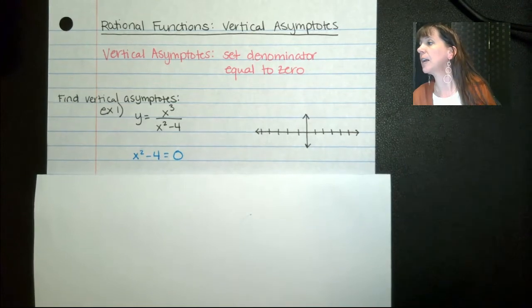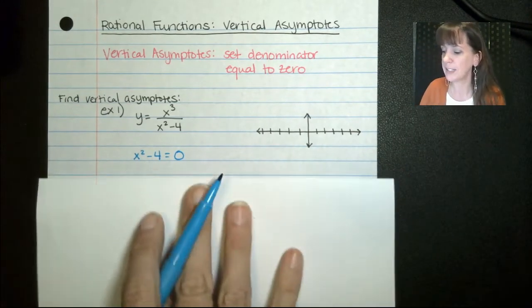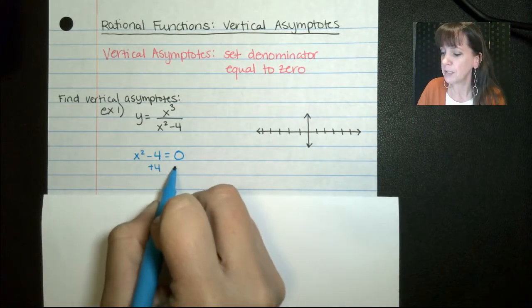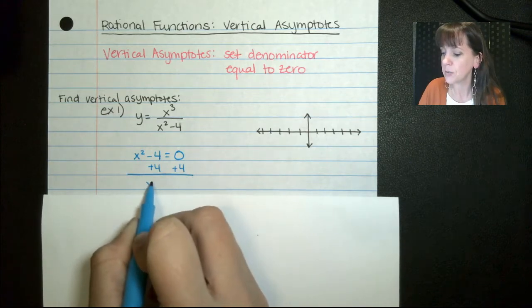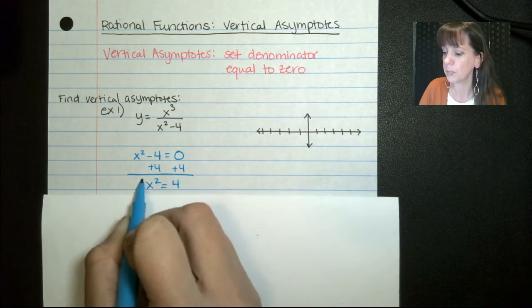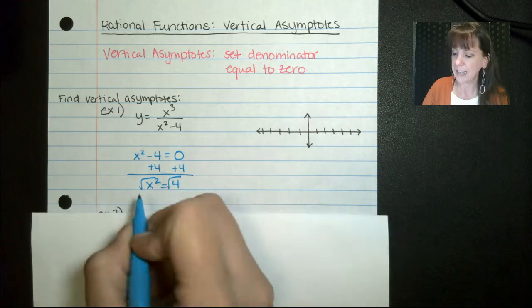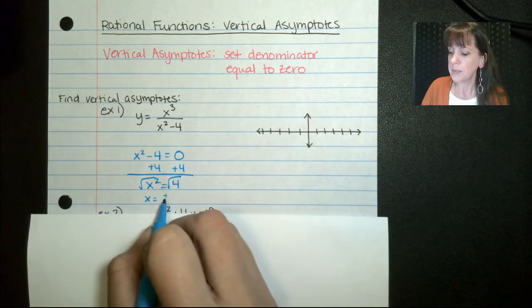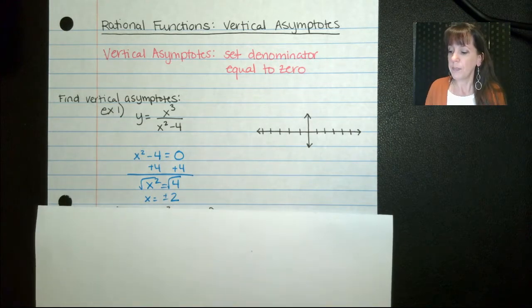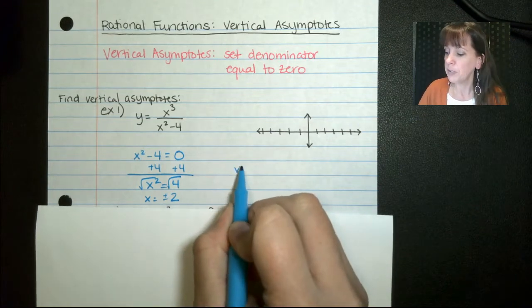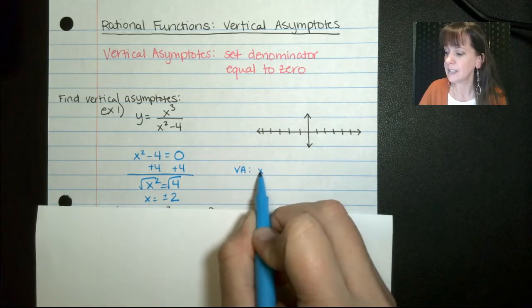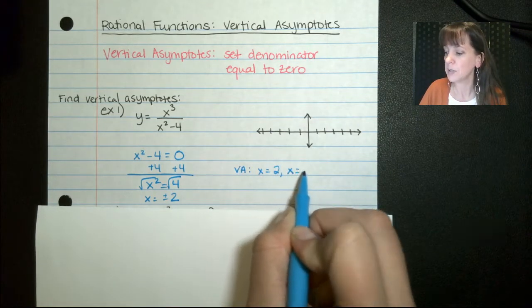In order for me to do that, I'm going to add 4 to both sides. So I do plus 4, and I get x squared equals 4, square root, and x equals plus or minus 2. So that means that my vertical asymptotes are at x equals 2 and x equals negative 2.